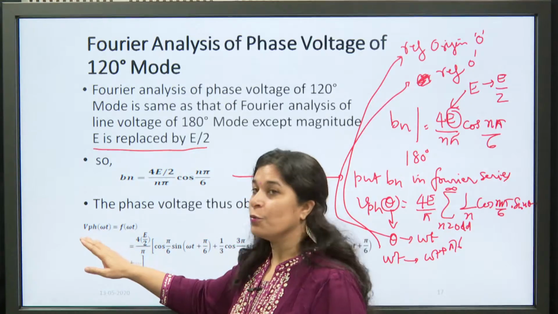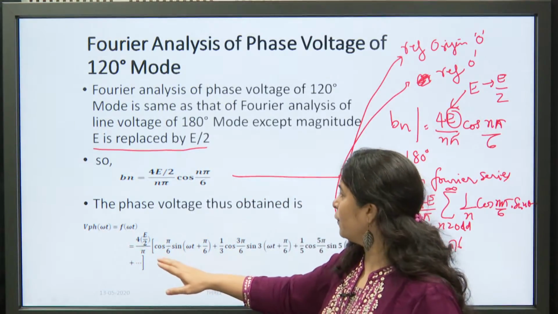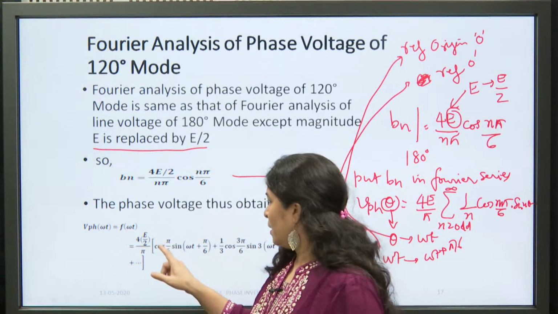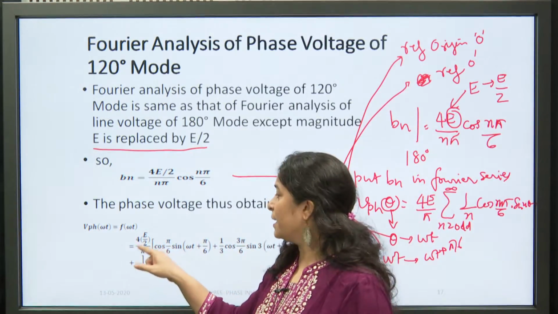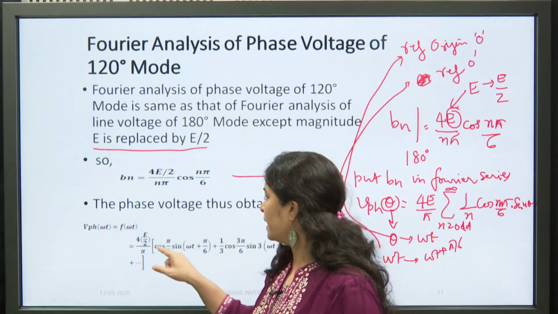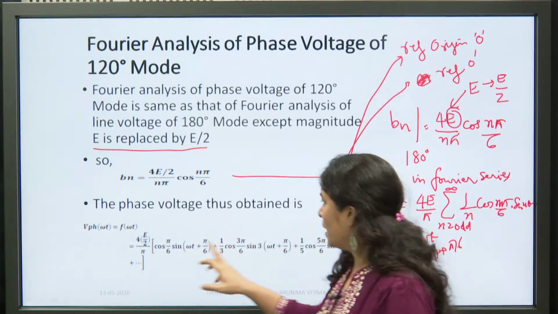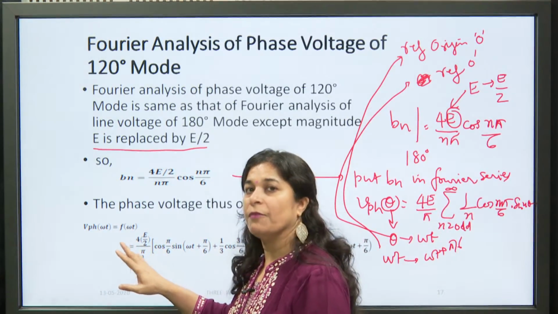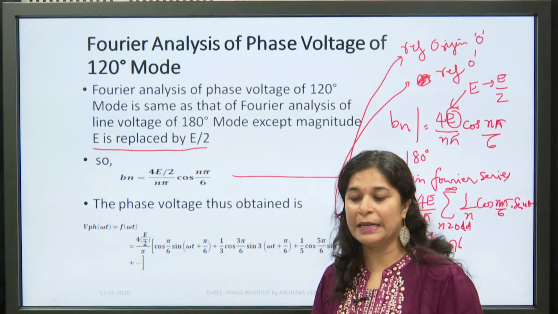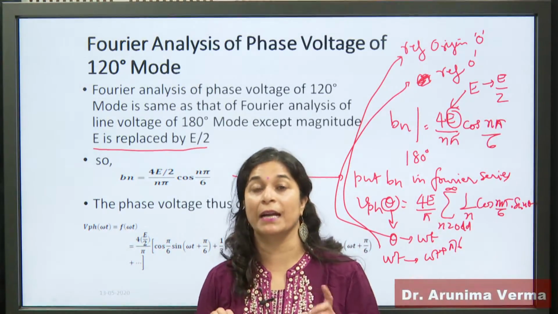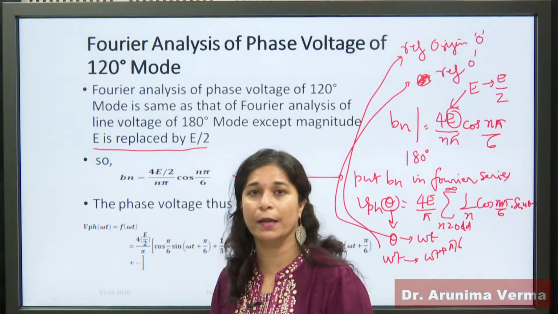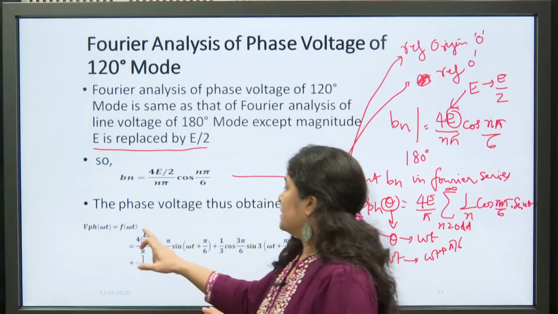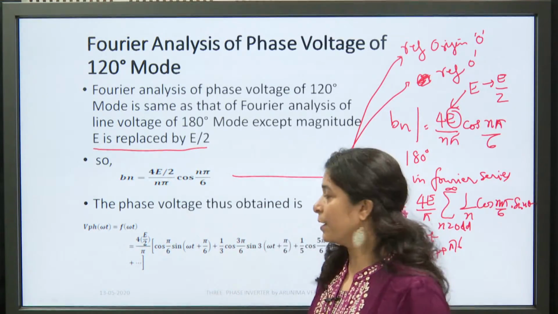Now, you get phase voltage for the 120 degree mode. See the difference. In line voltage of 180 degree mode, you had 4 E by pi, rest everything was the same. In this case, it will be 4 E by 2, that is it. Only difference that you have to keep in mind for the Fourier analysis of 180 degree and 120 degree mode is this magnitude, rest everything same.